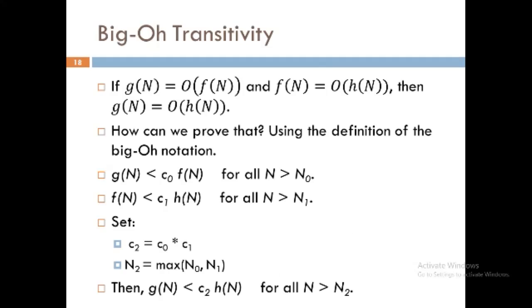Now we set c2 equal to c0 into c1. Therefore, n2 is equal to the maximum of n0 and n1. Then g of n is less than c2 into h of n for all n greater than or equal to n2.